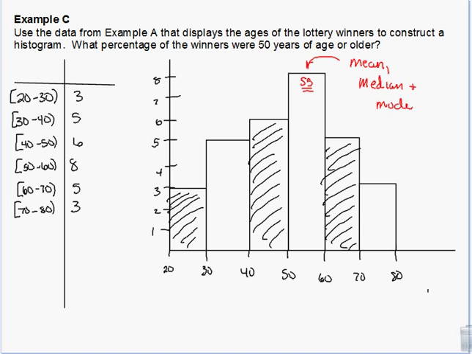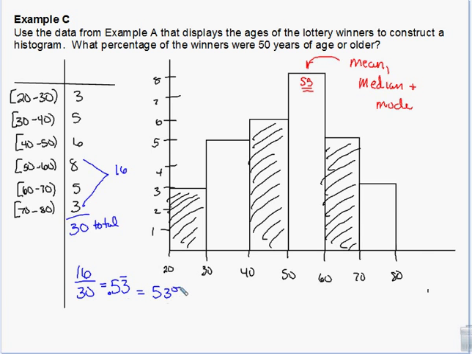The question here is what percentage of the winners are 50 or older? Well, here are our frequencies. There's 30 people total. So that's 8 and 8, which is 16. So we have 16 out of 30, which gives us 0.53 repeating.